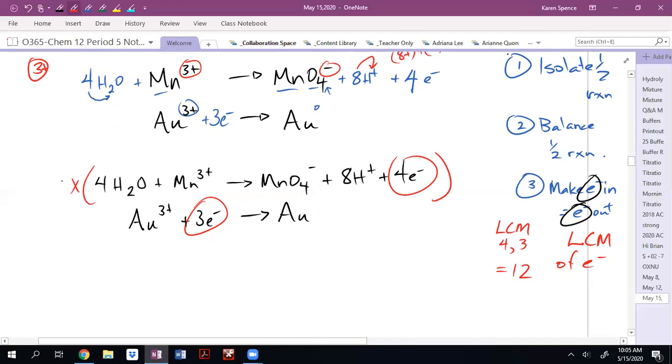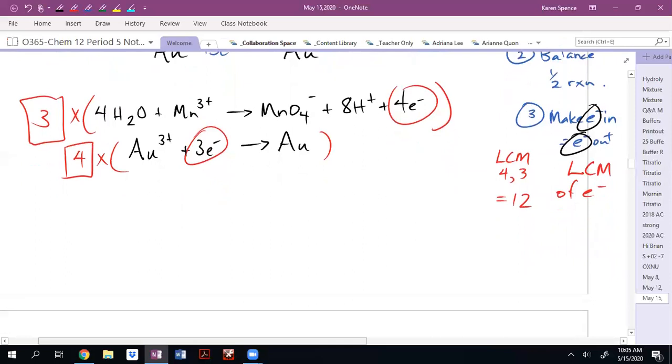So what do I have to multiply the first reaction by to get 12 electrons in that first half reaction? I have to multiply it by 3, because I've got 4 electrons. And for the second one, because I have 3 electrons, I need to take this whole thing and multiply by 4.